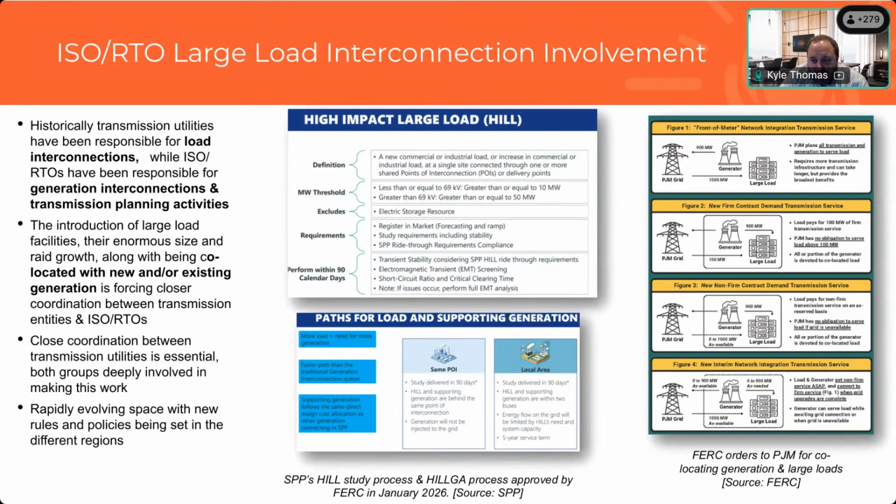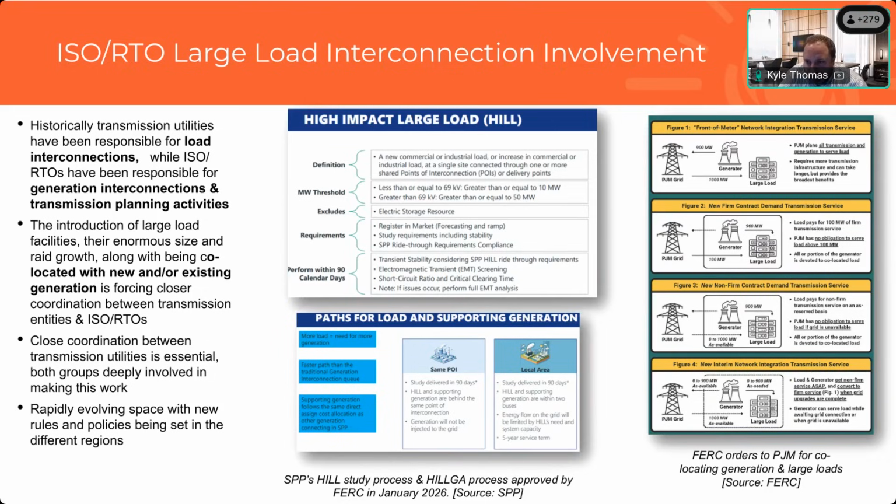in SPP. And then in the PJM world, FERC actually gave four new types of arrangements with large loads, very similar to the concepts of the generation plus the large load, very, very close. They gave orders for PJM to account for these types of options in the co-located generation and large load world.